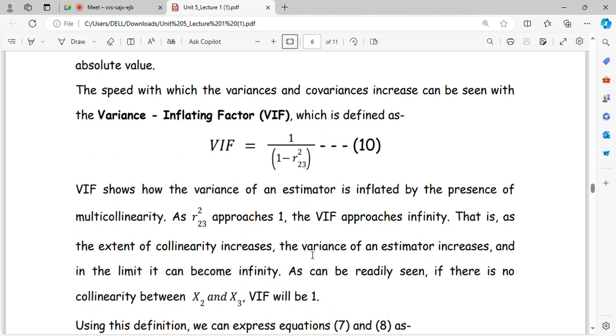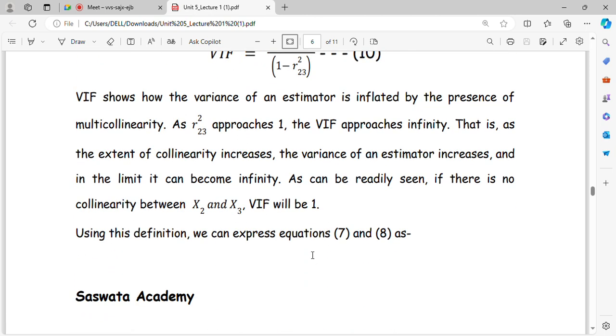That is, as the extent of collinearity increases, the variance of an estimator increases, and in the limit it becomes infinity. As can be readily seen, if there is no collinearity, that means r square 2 3 is 0, then VIF will be 1. Right?